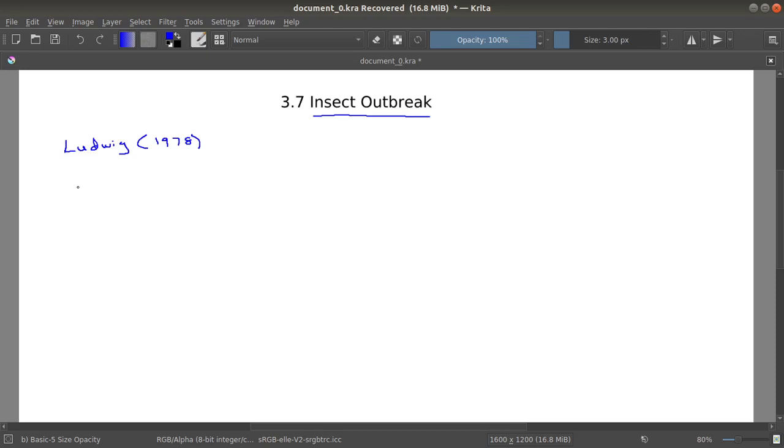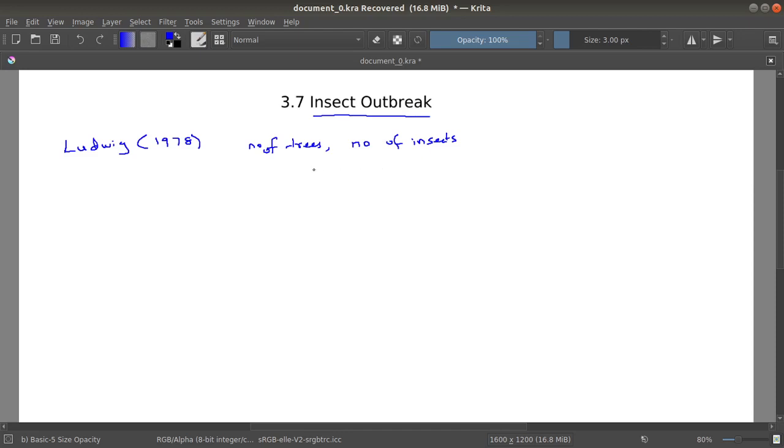And in the dynamical system, what are the state variables? The state variables are the population of trees, right? So the number of trees, and what else? Number of insects. Because these are the variables which are going to change with respect to time in that dynamical system, in that forest, right?